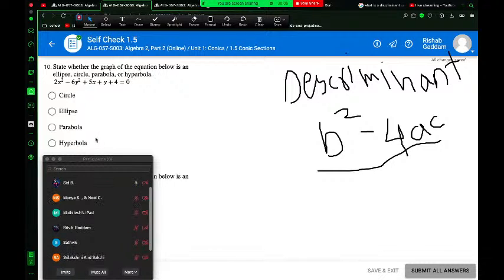Siddharth, I'm pretty sure you're going to have to use the discriminant formula. Oh, you called my name? So, Sid, can you tell us what you're doing? Okay. So you have to use a discriminant formula.